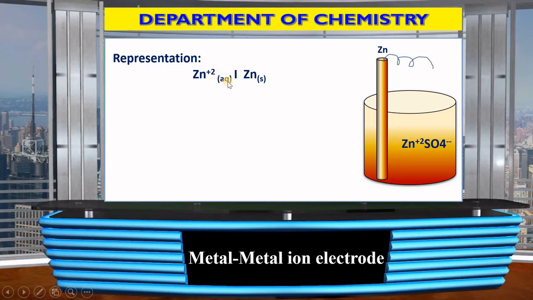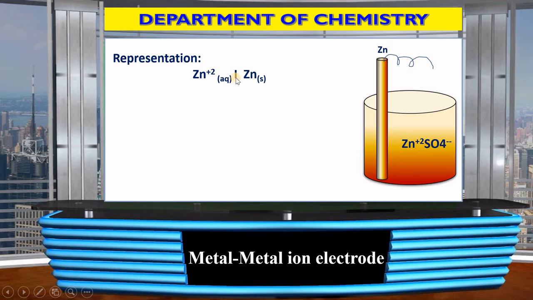Here that metal ion is present in aqueous form, means zinc sulfate solution is prepared in water. Therefore I write here in brackets aqueous. So first there is a need to write the metal ion, its state, then the metal, that is pure metal, and the state of that pure metal is solid. And to separate the phases of this metal ion and metal, we write here a single vertical line.